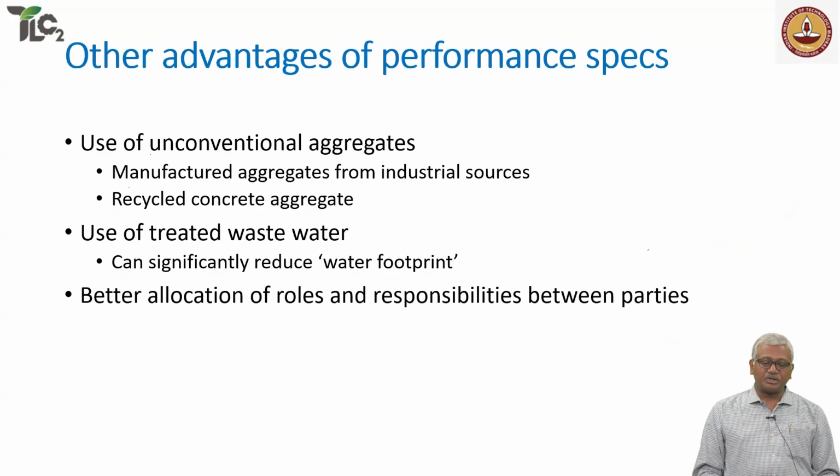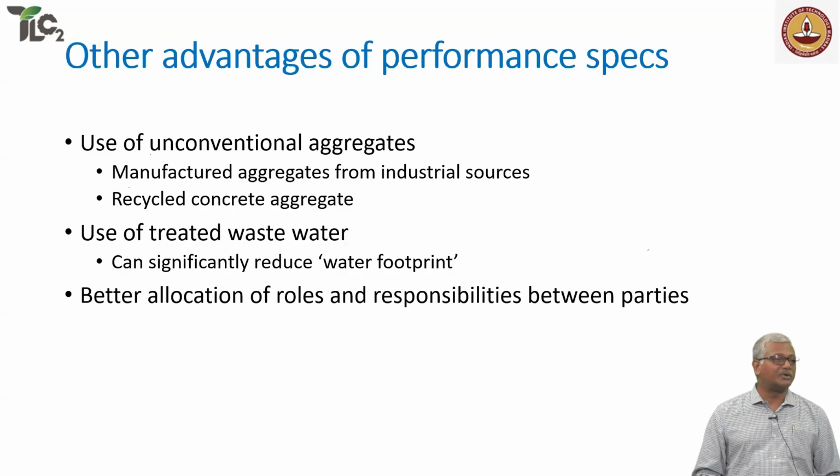The other advantage of performance specifications also includes use of unconventional aggregates, right? Sometimes we can use recycled concrete aggregate or manufactured material from industrial waste, like slag, steel slag aggregate and so on. You can use treated wastewater. Right now, the prescription for water is that you use something which is potable, fit enough for drinking.